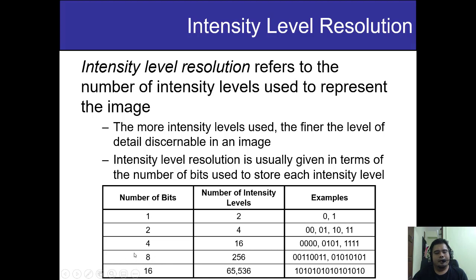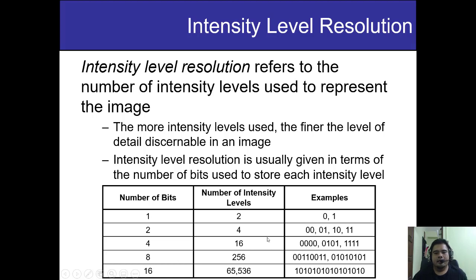So what happens if you have an image where the intensity level resolution is changing? What I mean is, what happens if the intensity level resolution is less than 8 bit, or higher than 8 bit, which is 16 bit over here.